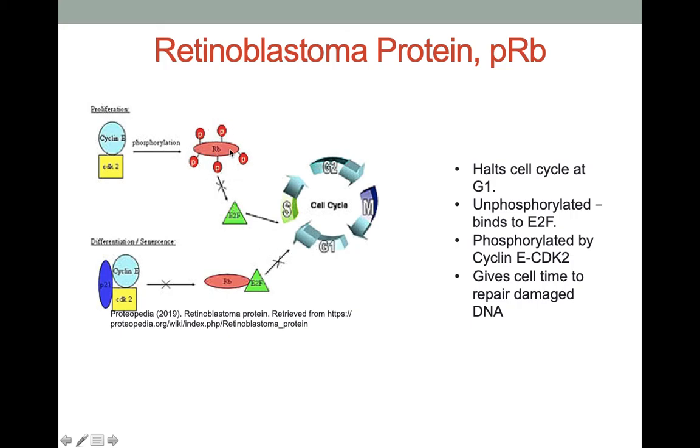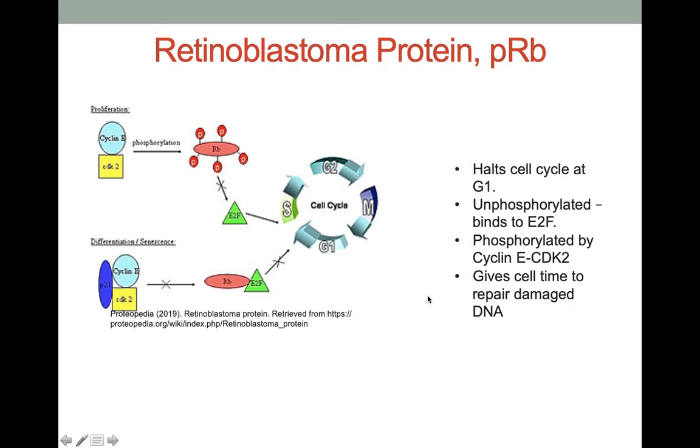However, when we phosphorylate the retinoblastoma protein, it detaches from the E2F, and it allows the E2F to then go and transcribe the synthesis of the DNA nucleotides and other things it needs to cause DNA to synthesize. So we would get stuck here in the G1 phase until we phosphorylate the retinoblastoma protein, and then it allows us to move into the synthesis phase.